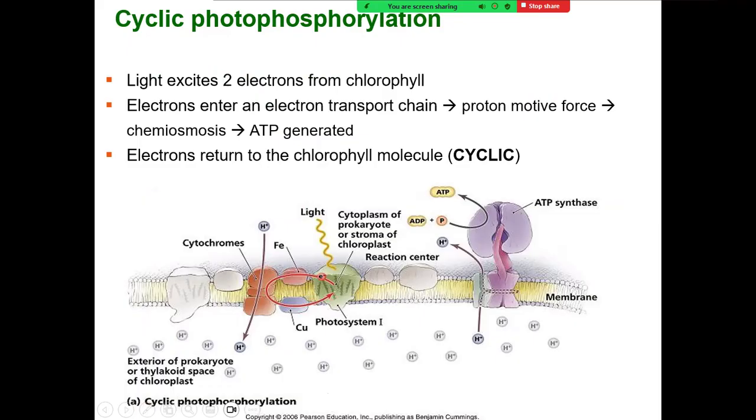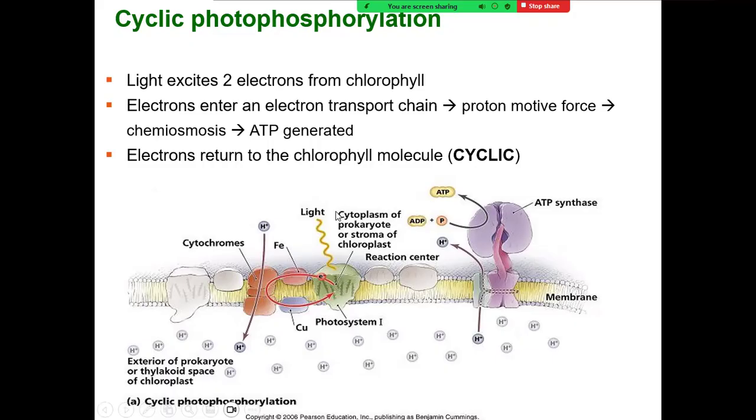Those electrons will then enter an electron transport chain, first moving to this protein in the membrane, then moving to that protein, then to that protein, moving back to this protein in the membrane, and then that electron will come back to the chlorophyll. So the electron is traveling in a circle back to the place it started, and that's why it's called cyclic photophosphorylation. Any question about any of that?